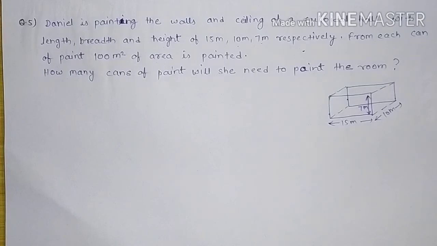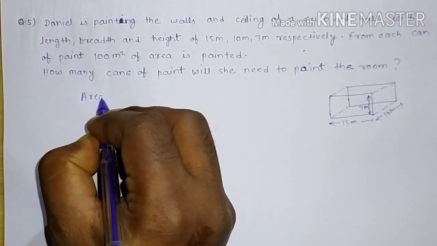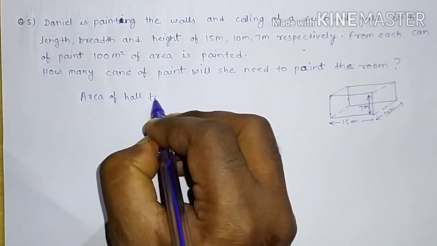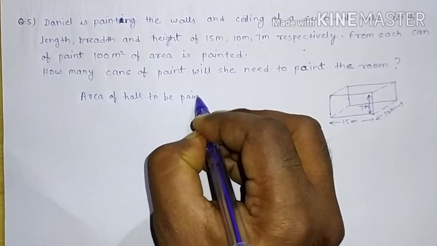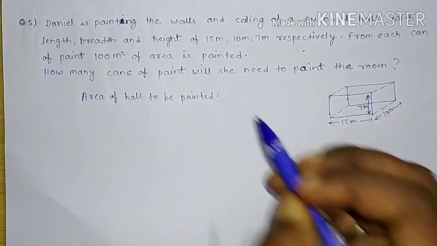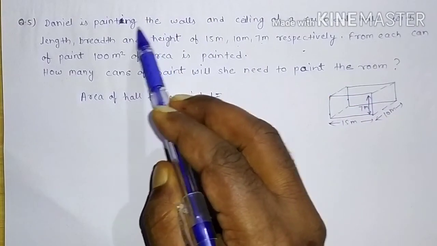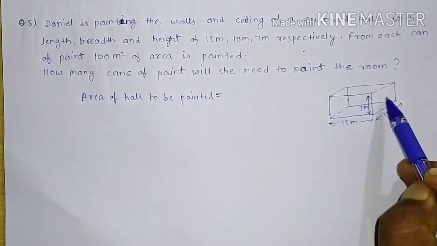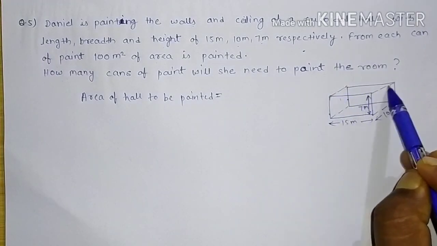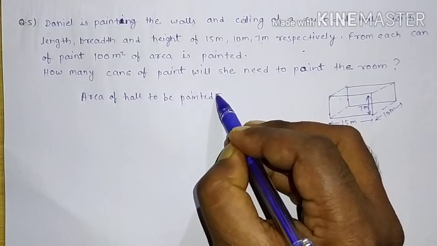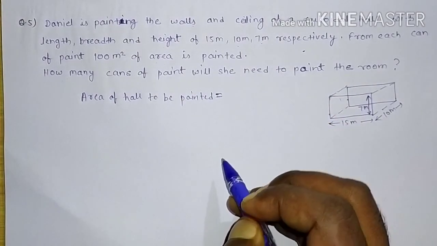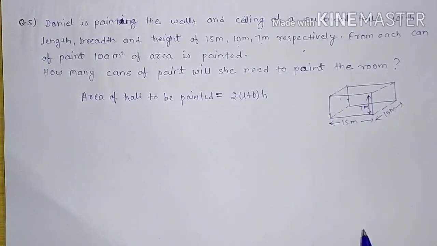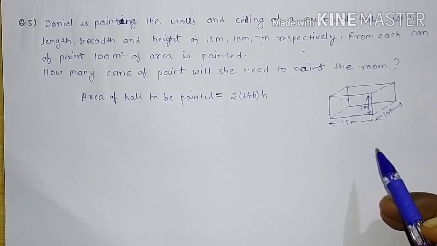First of all, we have to find the area of the hall to be painted, that is the area of 4 walls and the area of the ceiling. For the area of 4 walls, we know the lateral surface area of a cuboid, so the formula is twice of (L plus B) into H. This is the area of 4 walls of the cuboidal hall.